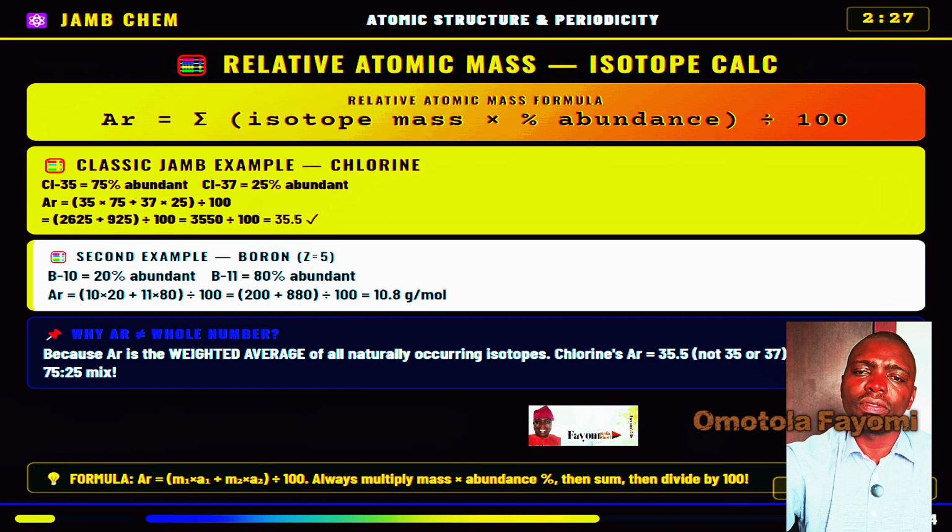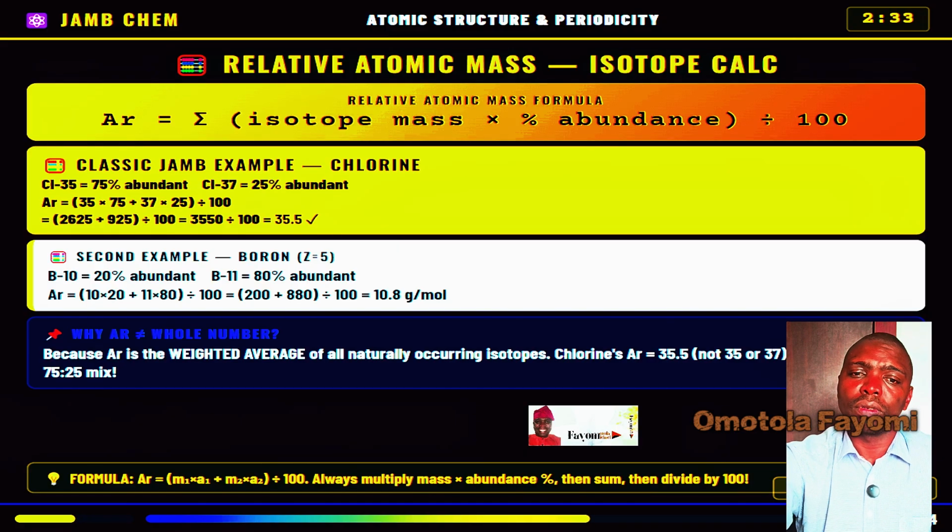Let's use chlorine as an example. Chlorine-35 makes up 75% of all chlorine atoms. Chlorine-37 makes up 25%. AR equals 35 times 75 plus 37 times 25, all divided by 100. That's 2625 plus 925, which equals 3550, divided by 100 gives 35.5. Exactly the value you see in the periodic table.